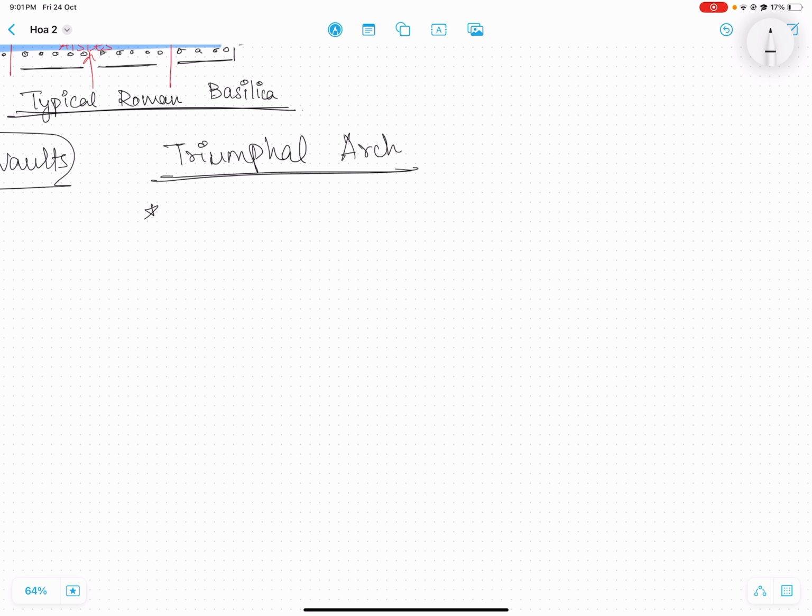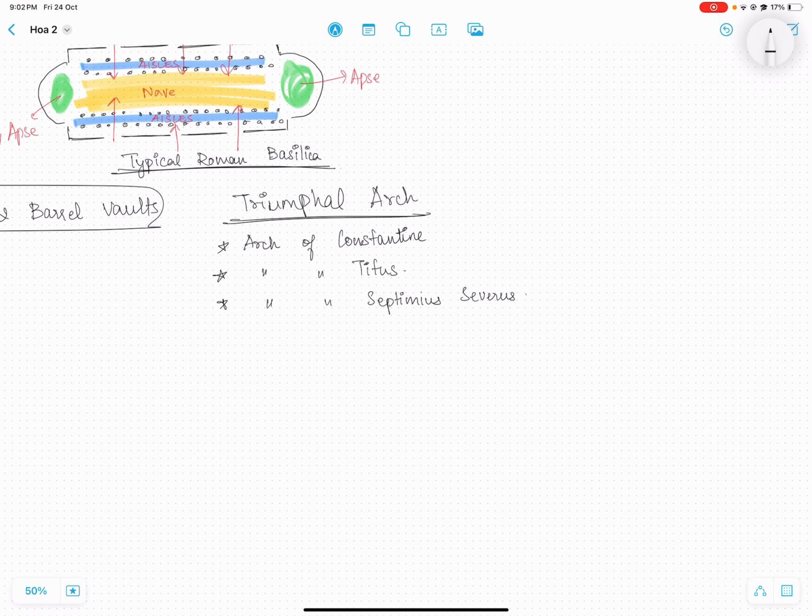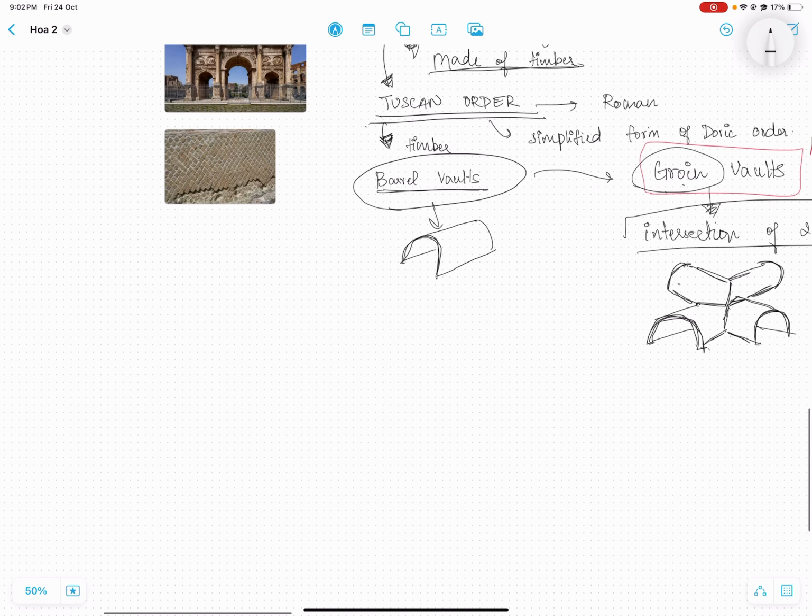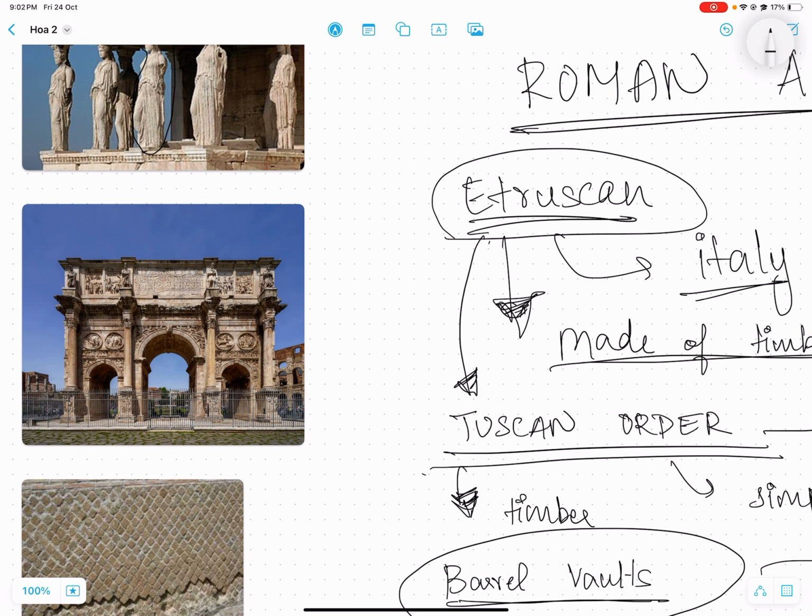Mostly three arches were famous in Roman architecture: the Arch of Constantine, the Arch of Titus, and the Arch of Septimius Severus. So these were three triumphal arch examples. Let me show you. This was an example of the triumphal arch. It's nothing but a gateway, you can see.